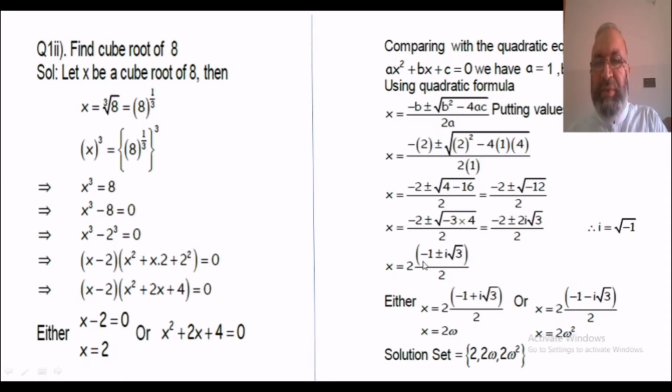So the value of this factor changes into the original root. Similarly, from the second factor, minus 1 minus iota under root 3 by 2 becomes omega square. And since 2 is common, both the roots become 2 omega and 2 omega square. Thus the first root x is equal to 2, second 2 omega, third root 2 omega square. So the solution set 2, 2 omega, 2 omega square are the cube roots of 8.